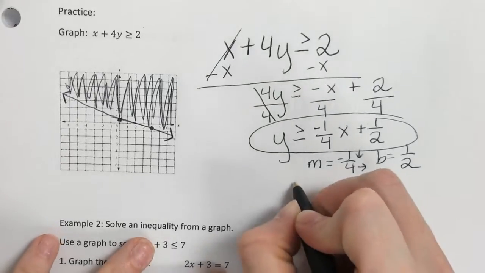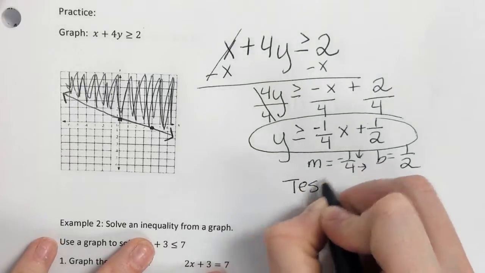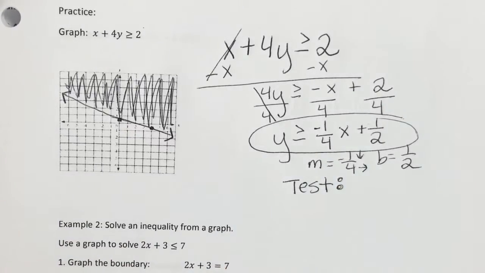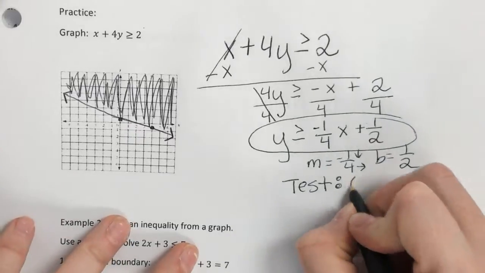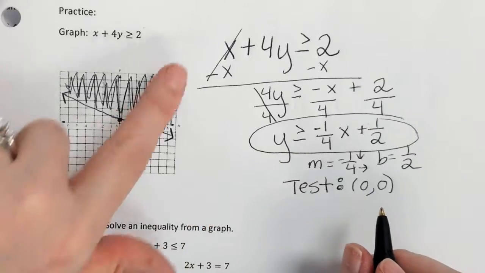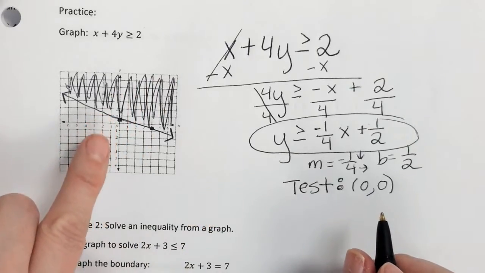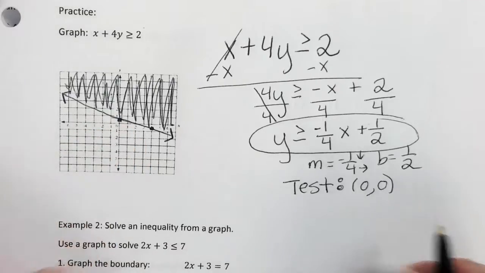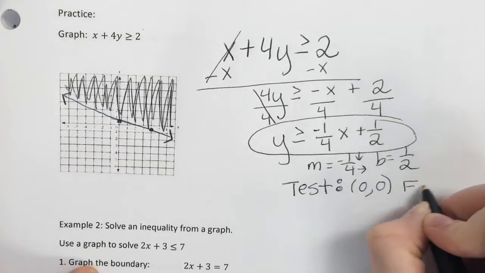Okay, so I am going to do a test point. You don't have to do this on every single problem. It's just good to do if you're second guessing yourself. I'm going to test 0, 0 again. But before I do it, I need to check to see, should this be true or false? Is it in the shaded area? No, it's not in the shaded area, so it should be false.